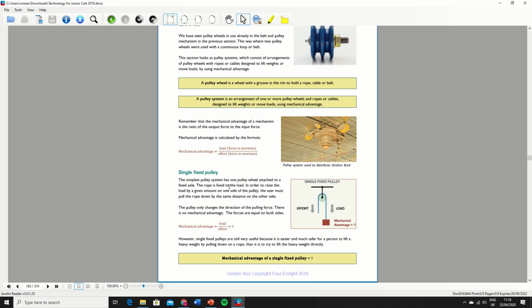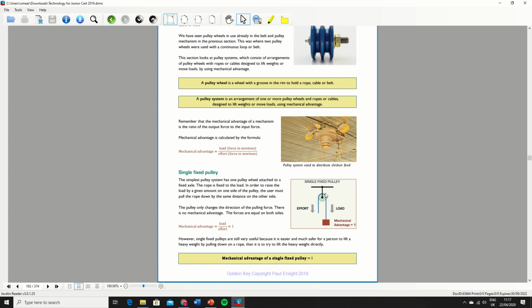We can also see it says here that the pulley wheel is affixed to an axle, so your axle is here, your pulley wheel is fixed to this, your load is fixed to your rope, and in order for us to move this up, we have to pull down this way. It also said the user must pull down the rope the same distance on the other side. So if we want to move this 1 meter, we have to pull this 1 meter this way.